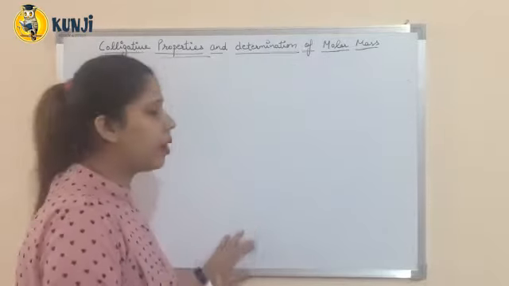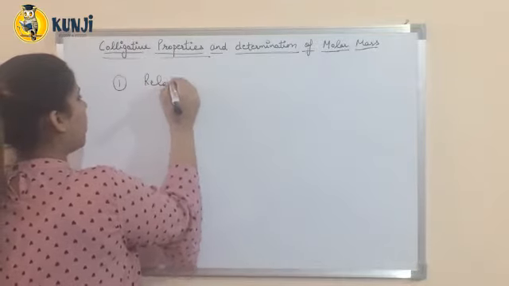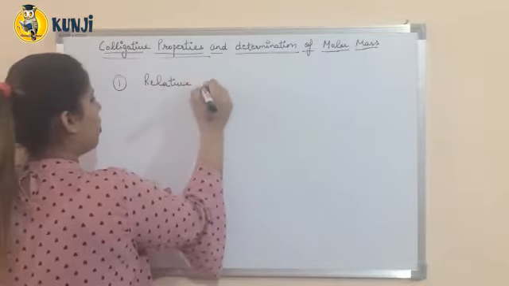So the first property that we are going to do is relative lowering in vapor pressure.